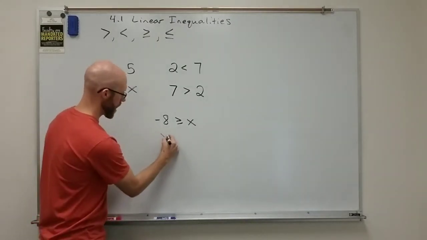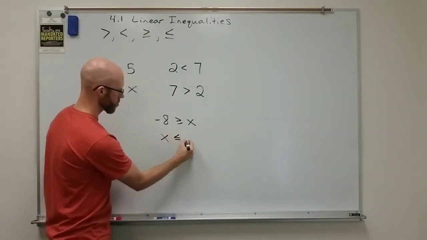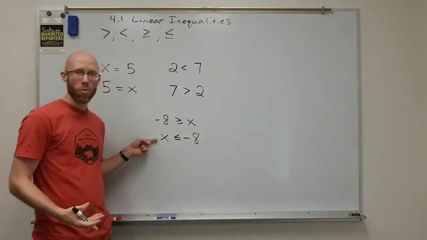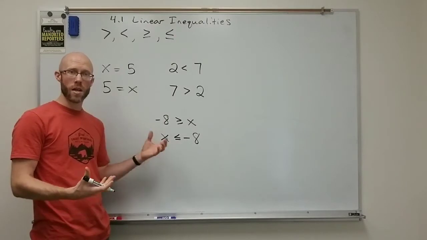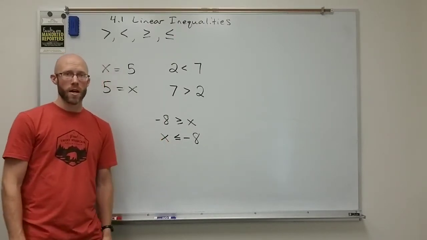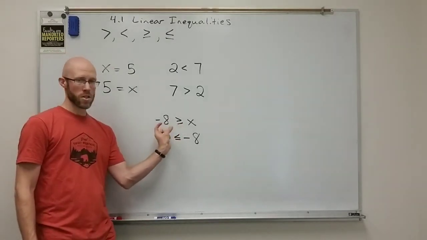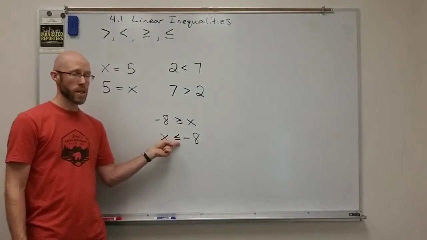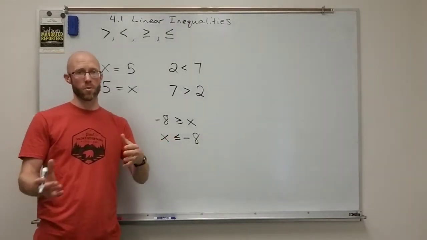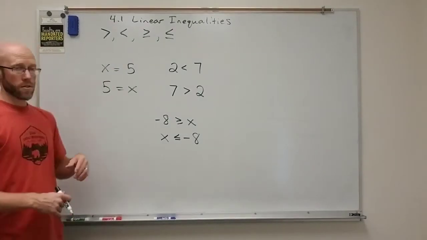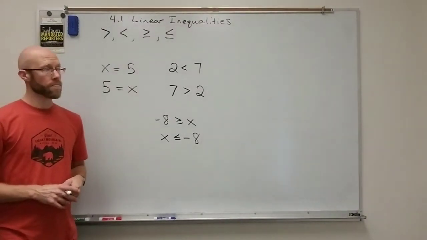And so you may say x is less than or equal to negative 8. These two inequalities are equivalent. They have the same values as solutions, okay? So interchanging the sides of an inequality means you must change the inequality symbol from a greater than to a less than, or vice versa, okay? So that's the first thing you have to keep in mind.